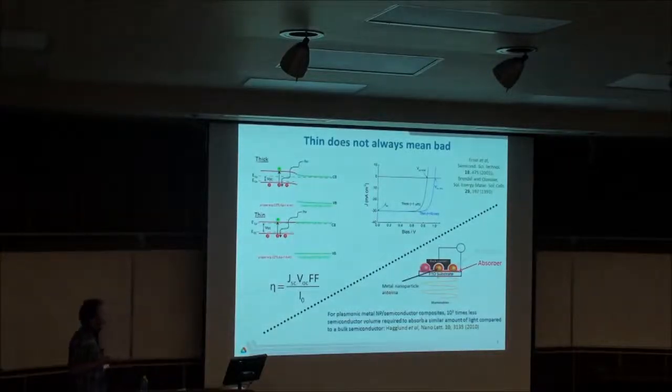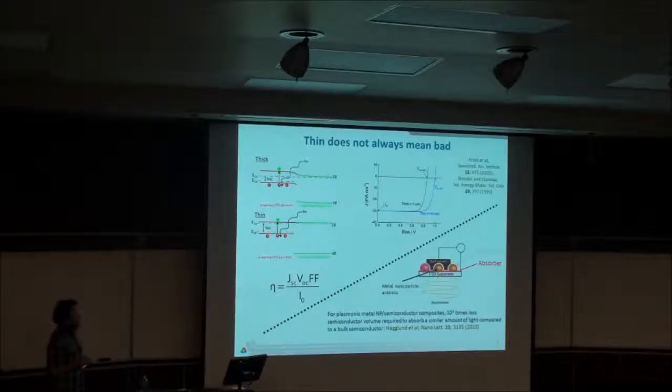In some cases, thin and ultra-thin layers can show even better performance, because when you have a thin layer with respect to the thick version, band bending is much less, and your open circuit voltage, which is the difference between the Fermi level of electrons and holes, stays bigger.